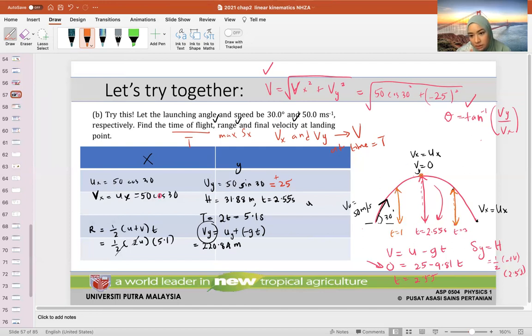Sebab this is the point that I get the maximum height. The maximum height happens when V equals to 0. Faham tak? Faham. So SY berubah ikut masa. So saya interested dengan masa kat sini sebab sini adalah maximum height.